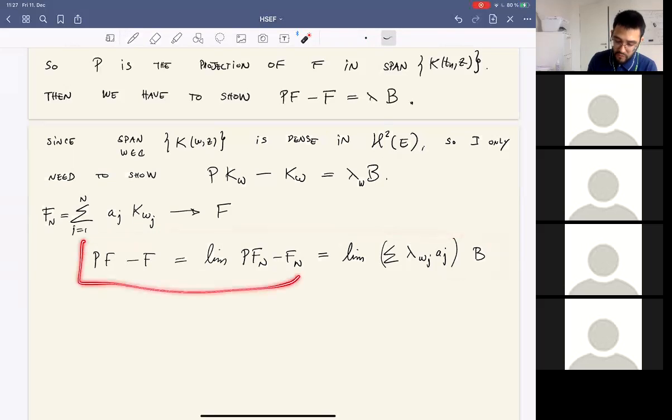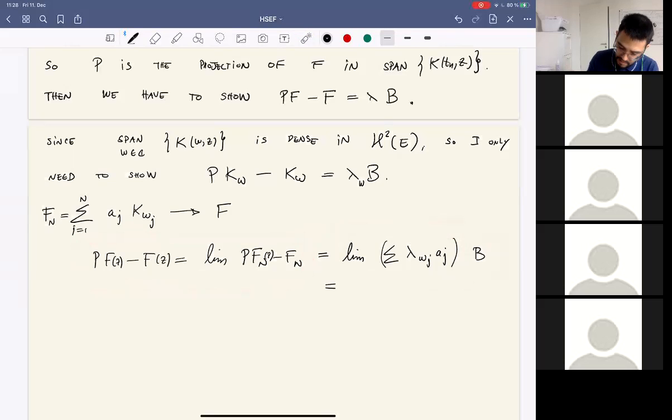Okay, so this is converging. So therefore this limit, whatever it is, I don't care, it is convergent to a number. But everything is multiplied by b of z. So let me put b of z here, just to be completely clear. So that would be some other lambda, which I don't know what it is, times b of z.